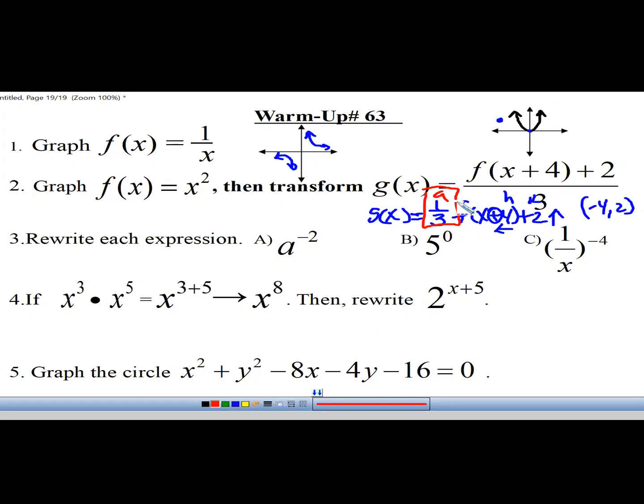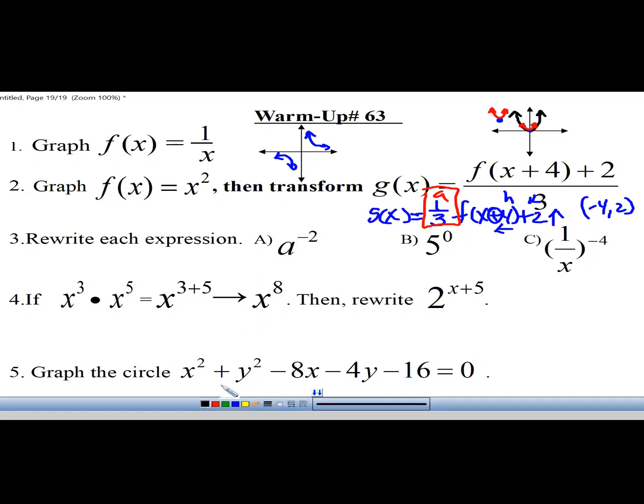So if it's a whole number, it usually stretches it. But since this is a fraction, it's going to compress it. So this parabola compresses to look something like this. It's an itty bitty parabola like that. So we move it over here. There it is. Now it's transformed. All right, let's go to 3a.